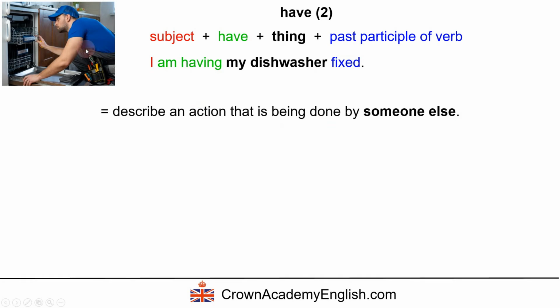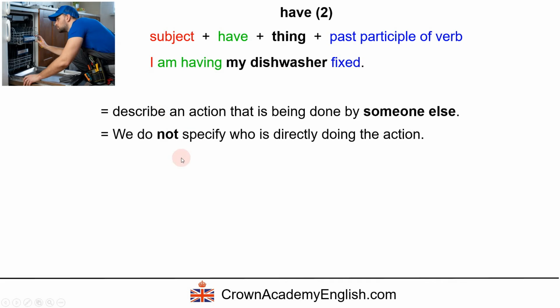This is not me, this is the someone else who is fixing my dishwasher, and I have asked him to do that. However, we do not specify who is directly doing the action. If you look at this sentence, we do not know who is fixing the dishwasher. We don't know who this person is.